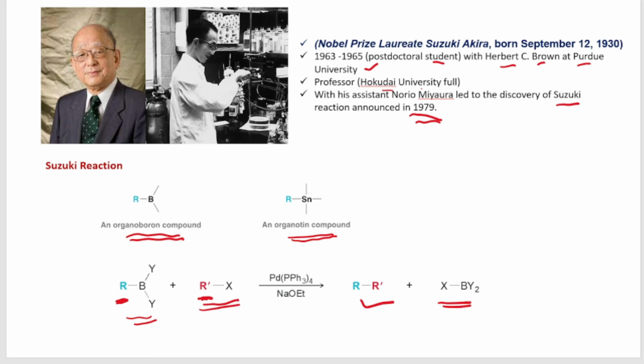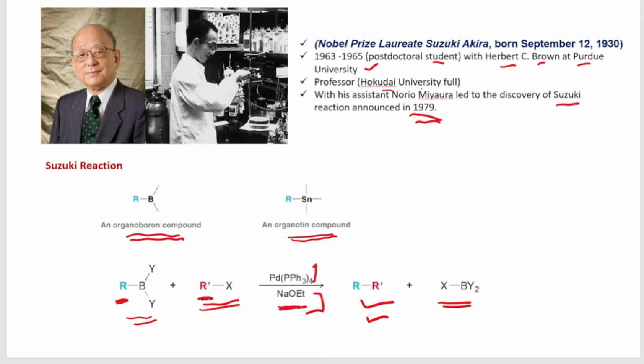So this was the first difference, that in the Suzuki reaction you use organoboron, and the other difference is that you use a base. Here they are using sodium ethoxide. So in the presence of this palladium and base, a new carbon-carbon bond formation occurs.